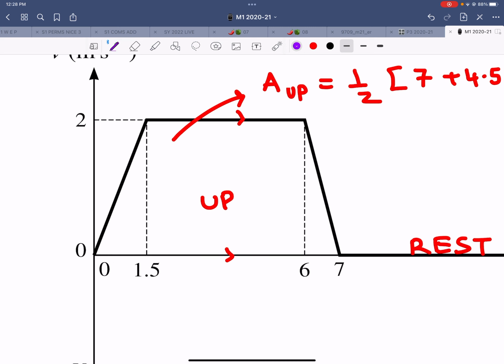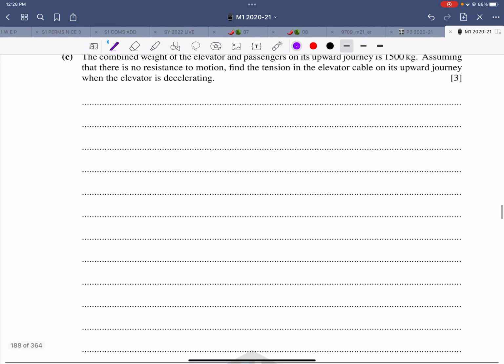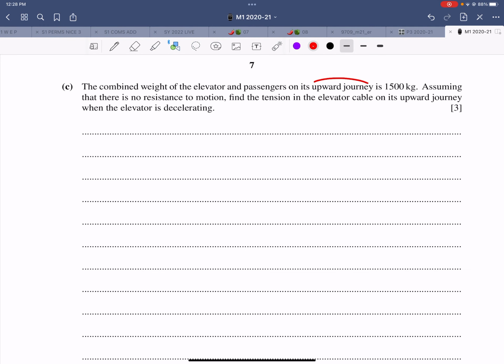So first of all, what is the acceleration? Actually deceleration over here, naturally it's negative. This is 2 divided by 1, which is 2 meter per second square with a negative sign. Now remember, when we started this concept, I have specifically told you that the rule is, as long as it's going up, we would take the upward direction to be positive, and as long as it's going down, actually we would take the force that's pulling up to be greater.